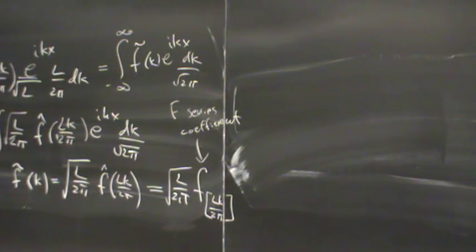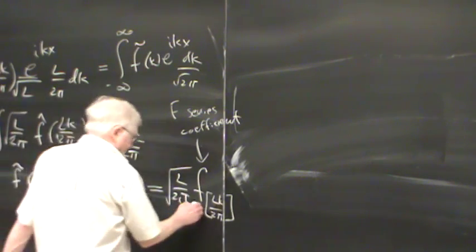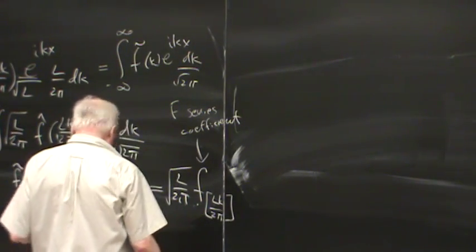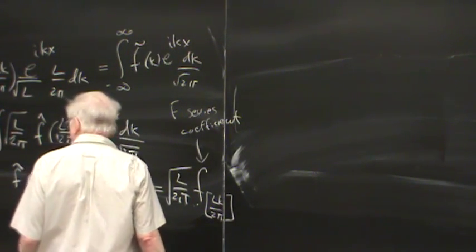Okay, now let's go backwards and find a formula for F tilde. Well, of course, we know what F tilde is. It's related to this. So I'm going to depart from the notes slightly. Well, maybe not.